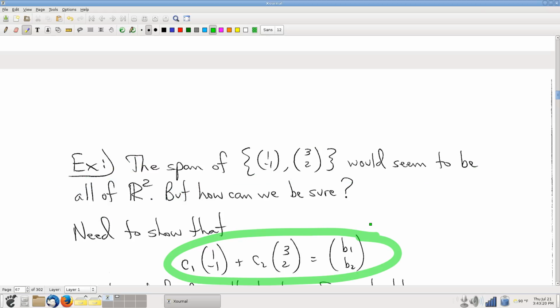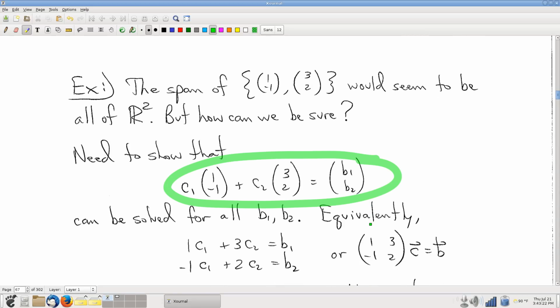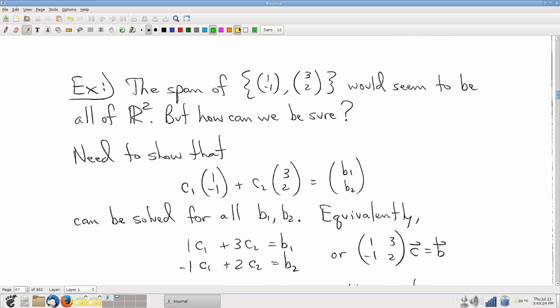Now, let's look at this vector equation and realize that we can look at it one component at a time. Let's think about the first component. The first component of this vector equation is that equation. And likewise, the second component of that equation is that equation.